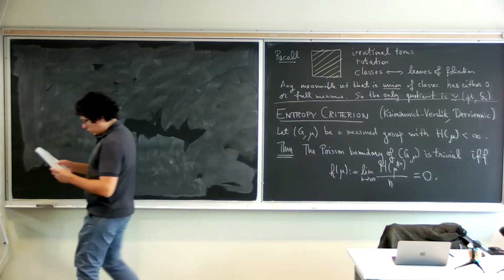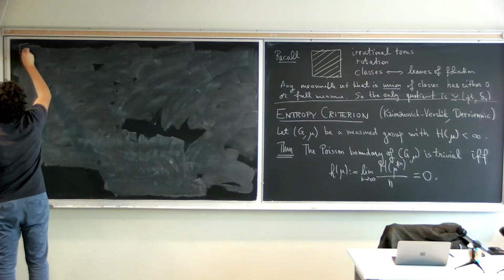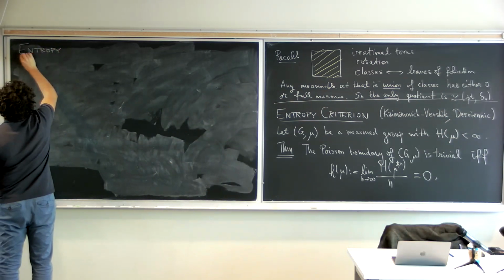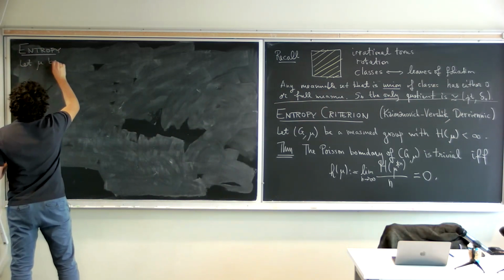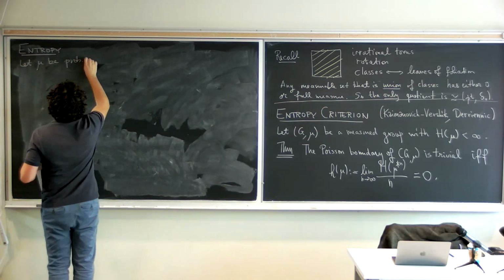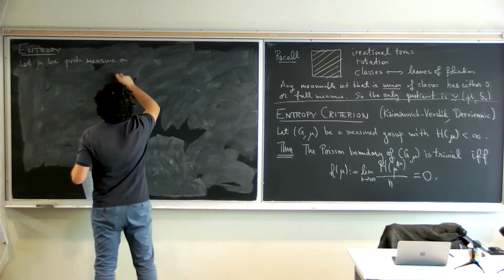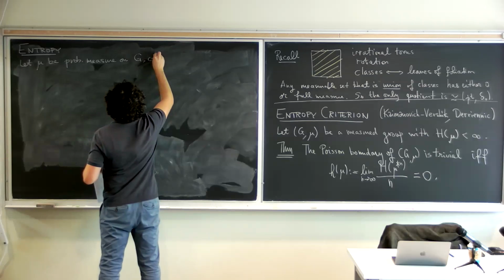Okay, so let's see a few things. I think last time we gave at least a definition of entropy. So recall, let mu be a probability measure on G. Let's say G is countable.